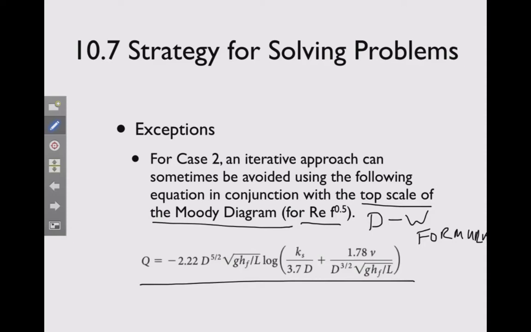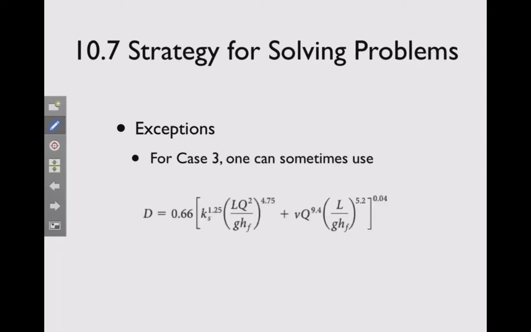So we can use this equation for Q. And also, in some cases, we can use this equation for getting at the diameter. The book does not really lay out when you can and cannot use these equations, but it gives you the option to go and read the papers that tell you how to do this.